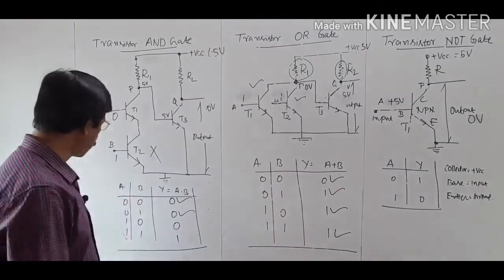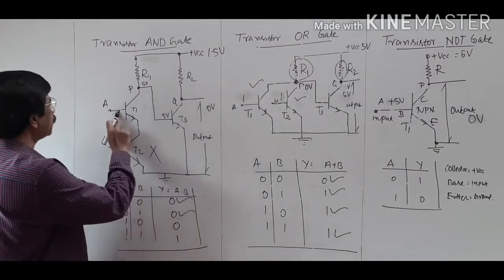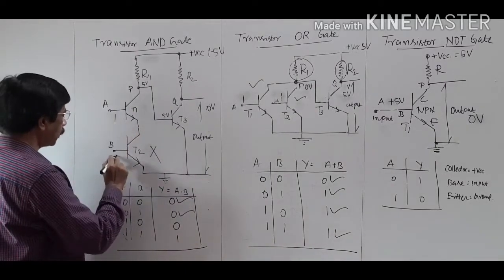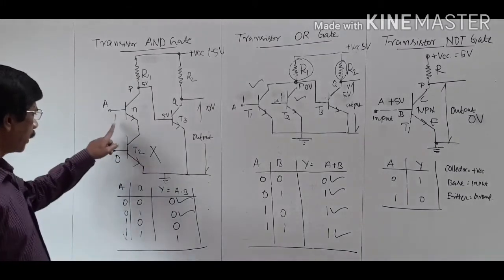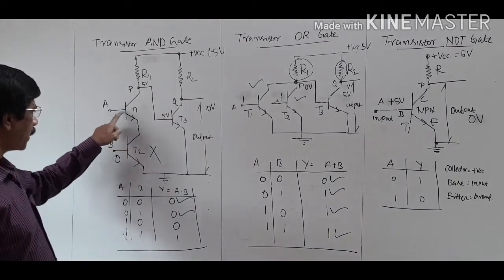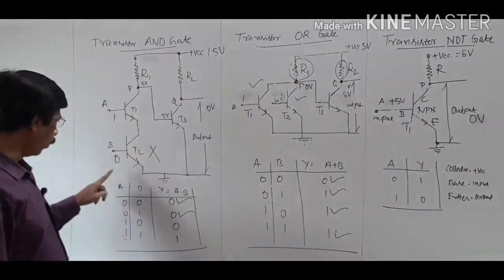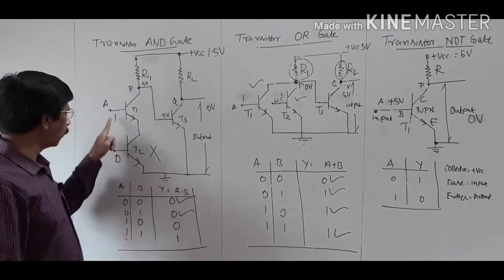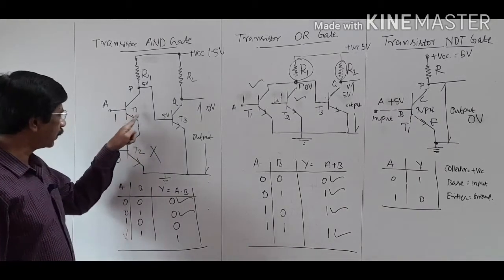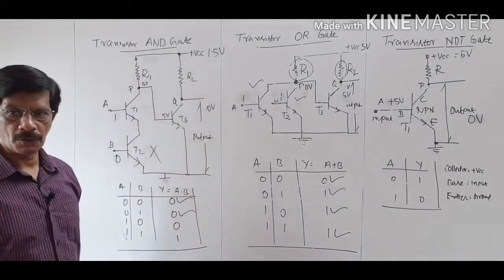The third case, A is equal to 1, B is equal to 0. Now analyze this. In this case, the base has a high input for T1, but no input for T2. Even though the input is present to the transistor T1, again it switches off.